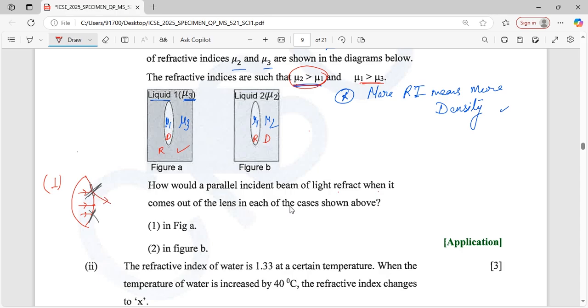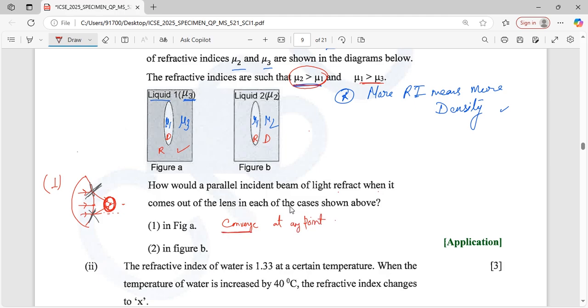Light goes in that direction, but away from normal. So here we see that they converge at a point. So in figure A, you see that it converges at a point.